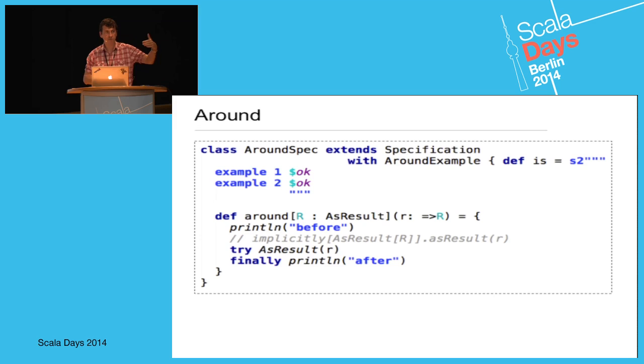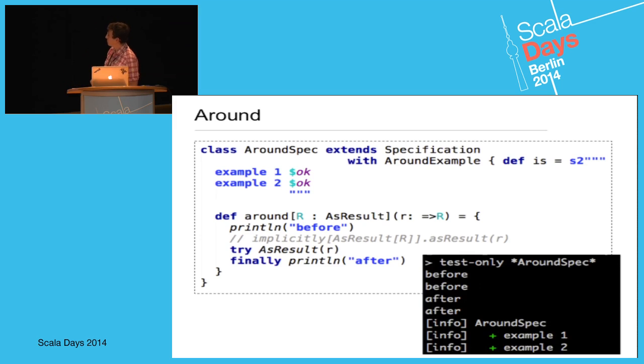So you can do something before, you can try to execute your example, and then finally you can close resources when you're done. And so this will print something like that, where you might have the two befores and the two afters together, because again, the examples are being executed concurrently.